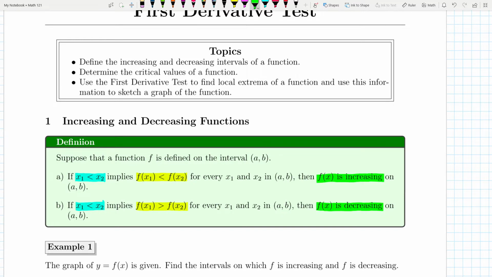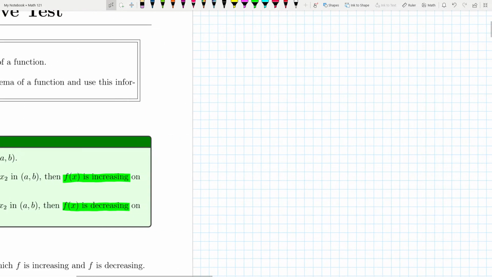So to illustrate this, let's briefly look at a couple of graphs. We have some function with x1 and x2.